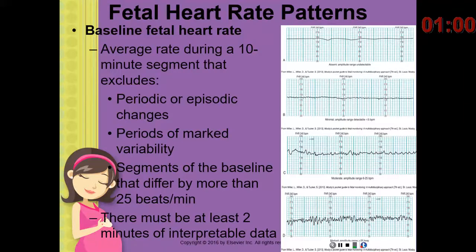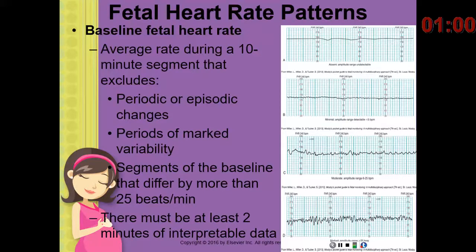So variability is basically what you want for that baby's heart rate, and you can see here this has nice variability. The baby's heart rate, besides having these periodic changes of nice accelerations going on or seeing decelerations, we also want the baby to be adjusting beat to beat to its environment.